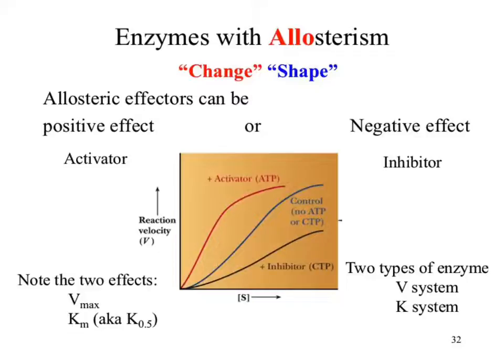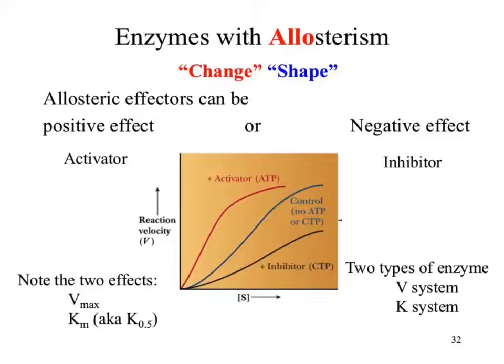K0.5. Because it's the substrate concentration at 1/2 Vmax. So for all intents and purposes, it is solved for by an identical pathway as we did for Michaelis-Menten. We can't call it Michaelis-Menten because it's not Michaelis-Menten. So they had to invent a new term for it because it technically is not the same thing.